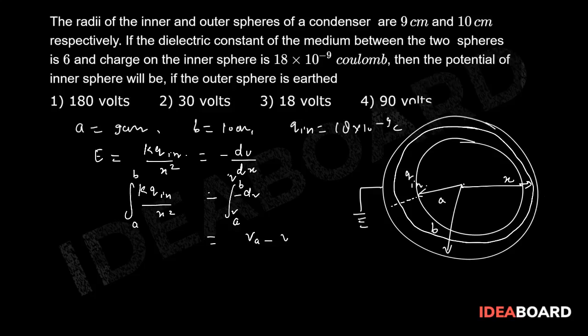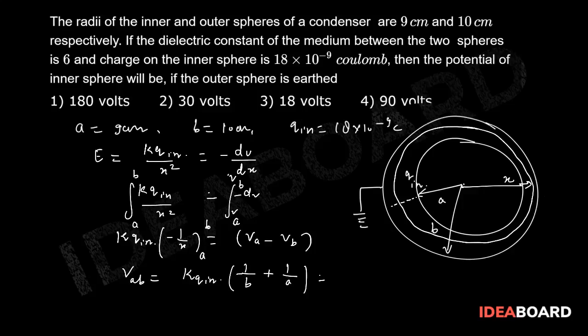So this will become VA minus VB is equal to K, Q in will be outside, this will give minus 1 upon X, and limits are A to B. So we finally get that the potential drop VAB is equal to KQ in into minus 1 upon B plus 1 upon A. So that's how we get KQ in into, this will be minus A plus B divided by AB, correct?